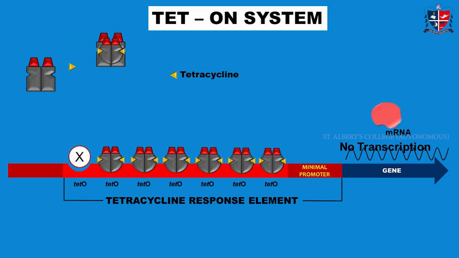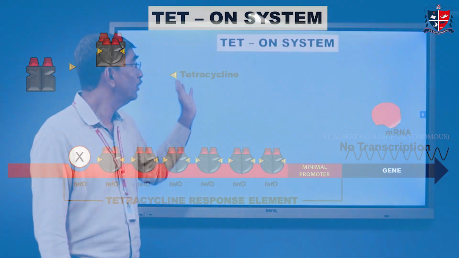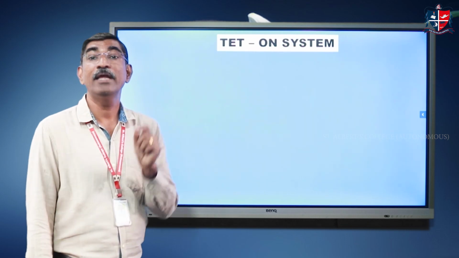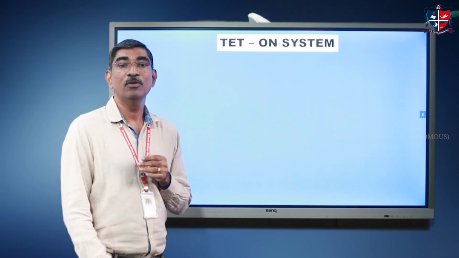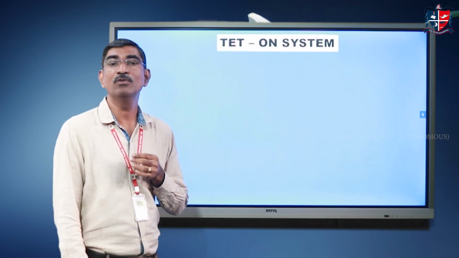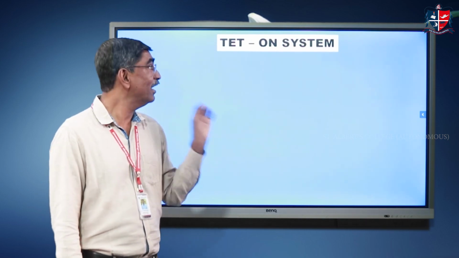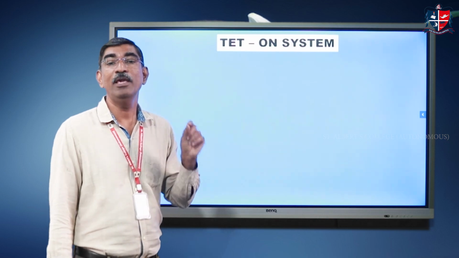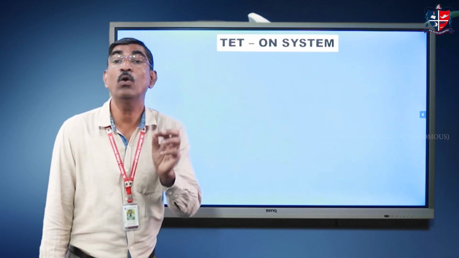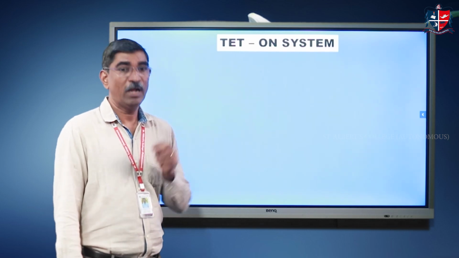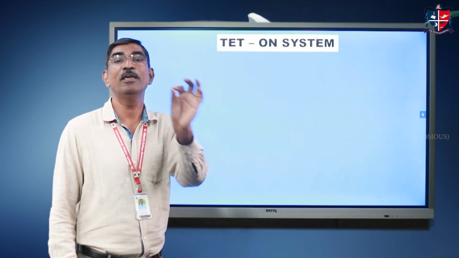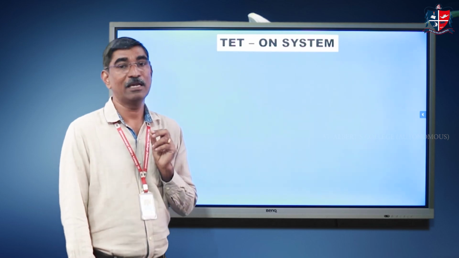Then coming to the next strategy, that is the TET-on system. Here from the name itself, you can figure out what is going to happen. Here the gene will be in an off condition, and you can switch on that gene by simply giving tetracycline.